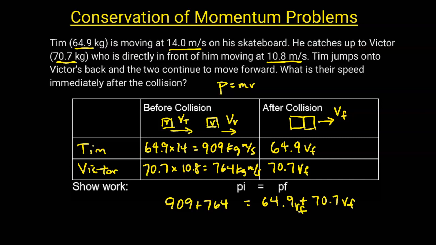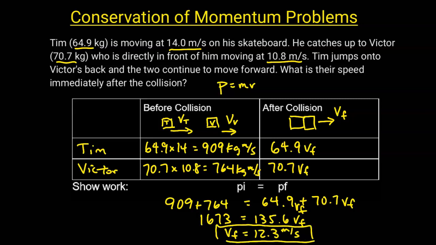On the left hand side, 909 plus 764 gives 1673, which is equal to, on the right hand side, 135.6 Vf. I'm going to divide both sides by 135.6, and flip it around, and we get Vf equals 12.3 meters per second.